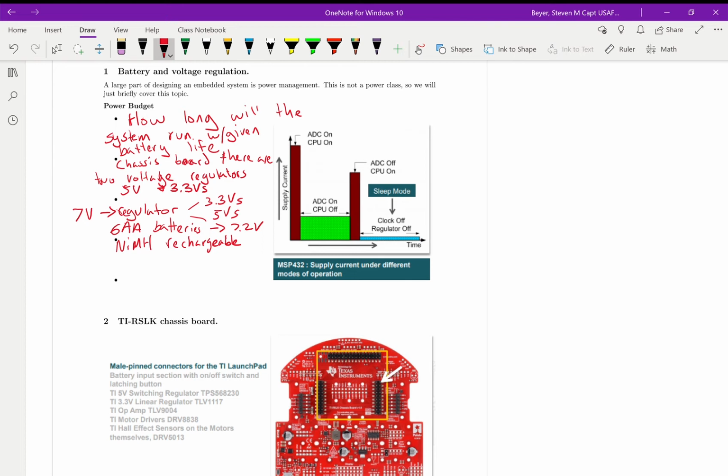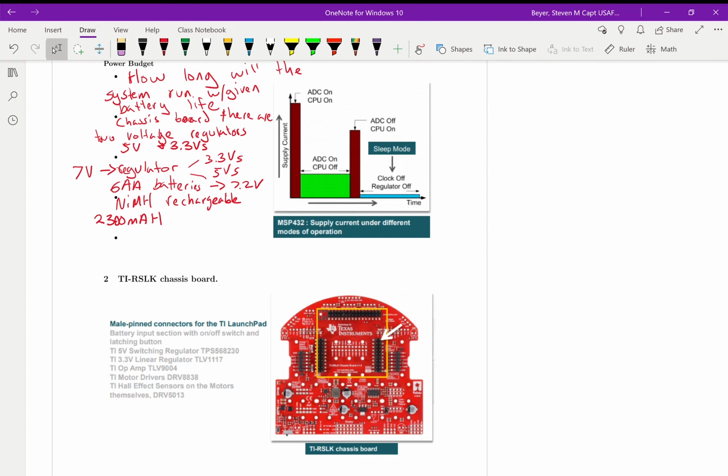But they have 2300 milliamp hours. So let's just say, for example, we only had motors. We weren't running anything else, and our motors pulled, for example, 0.5 amps.